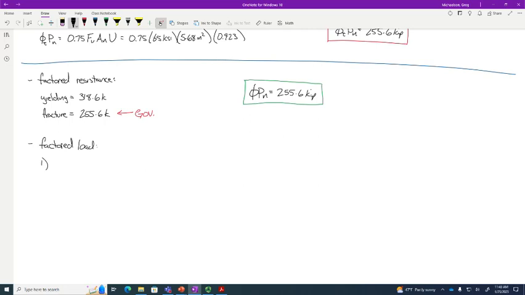So our first load combination, 1.4 times the dead, which is, what is 1.4 times 80? 112.